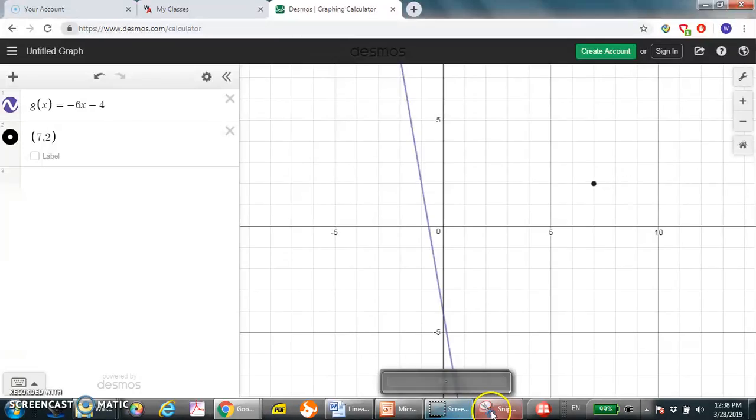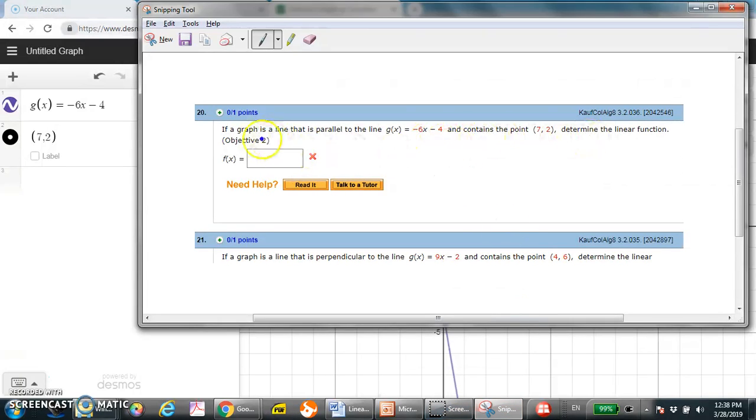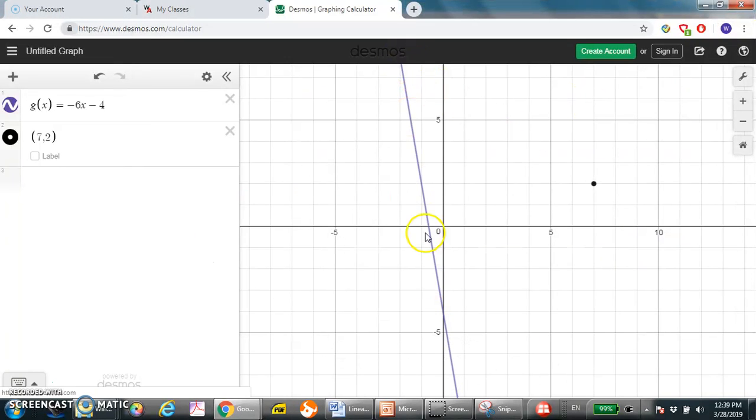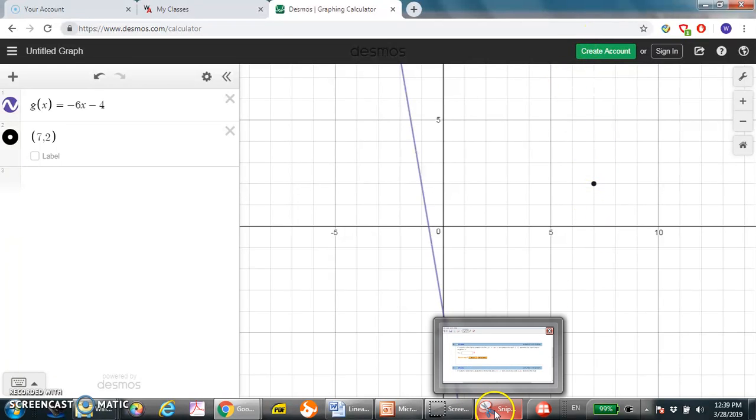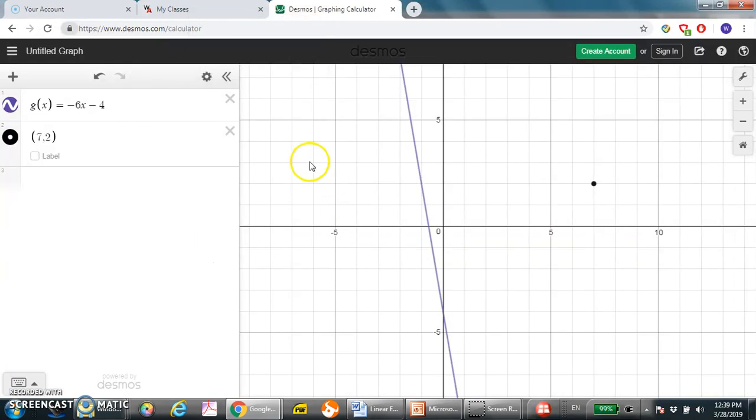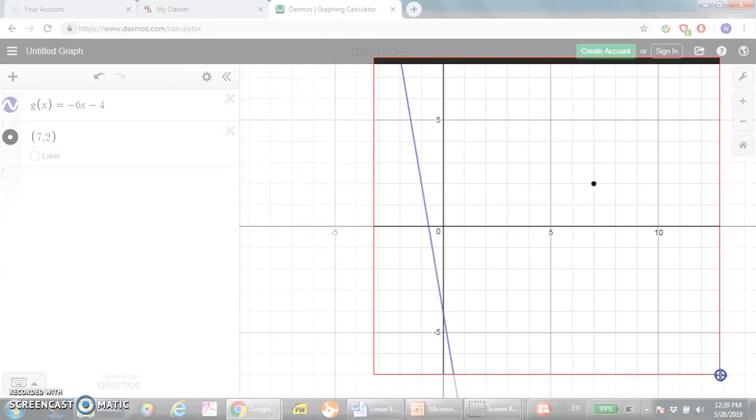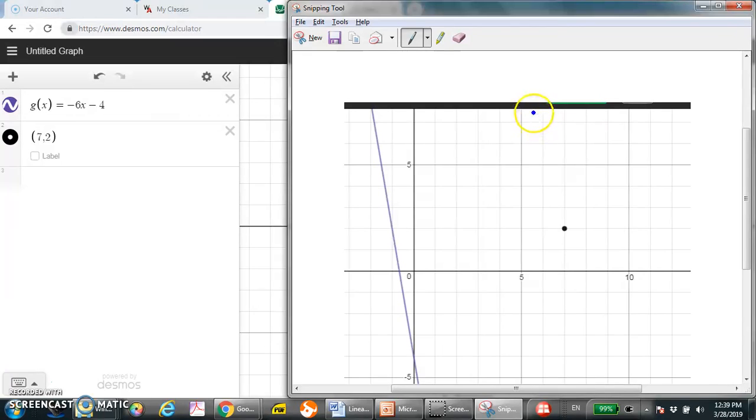We want to graph a straight line that is parallel to this straight line and also passes through this point, something like this.